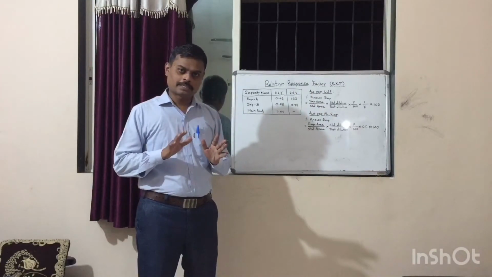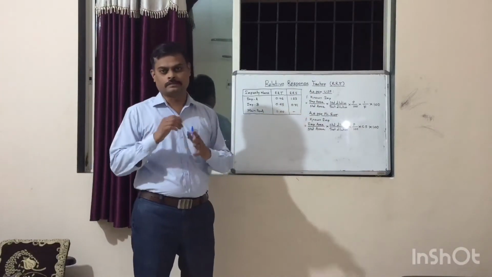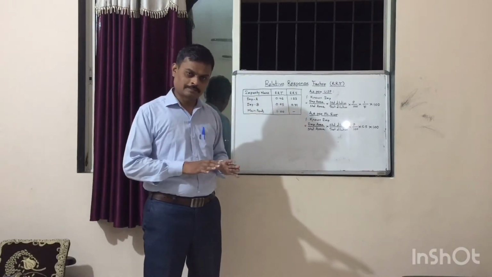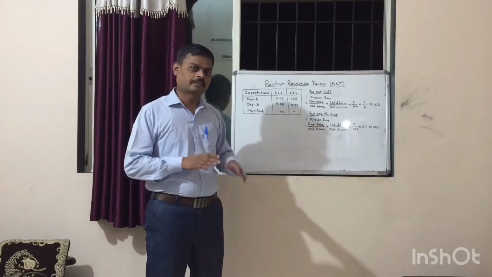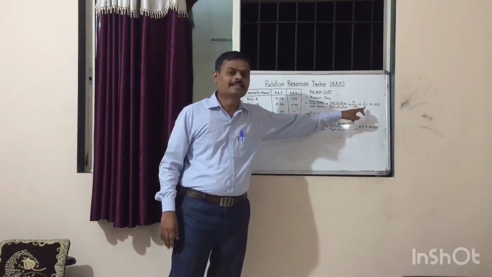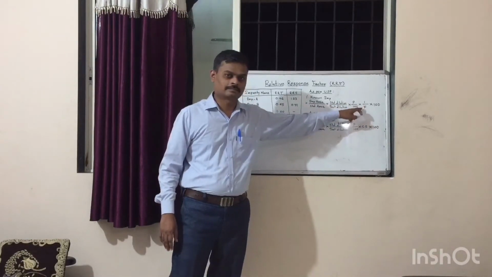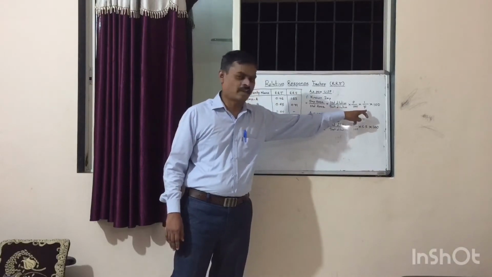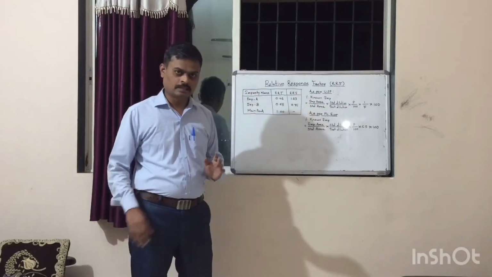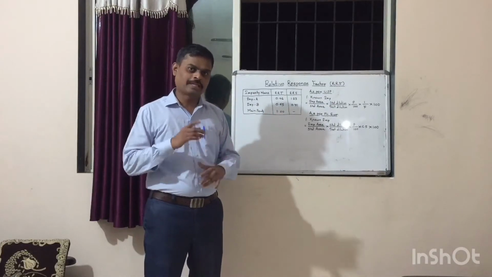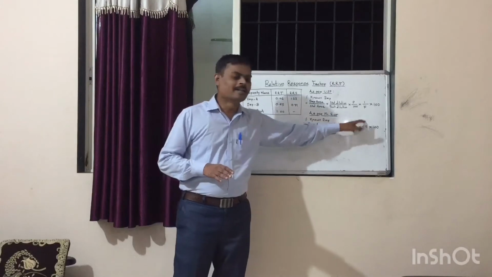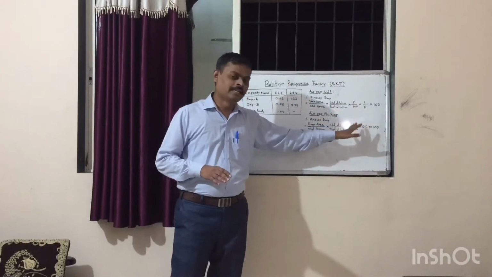Different pharmacopoeias refer to RRF differently. For example, as per USP, the RRF factor comes in the denominator as a dividing factor and it can be identified with the alphabet F. Whereas as per EP, the RRF factor comes in the numerator as a multiplication factor.